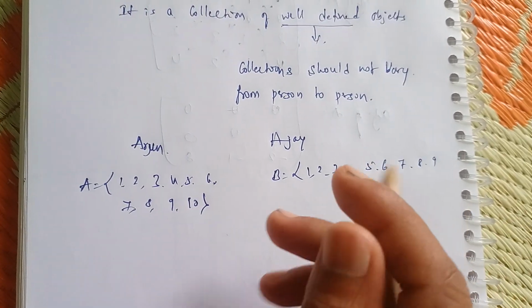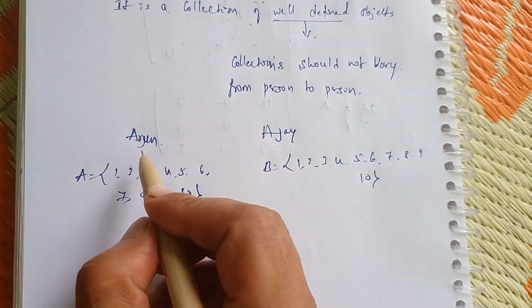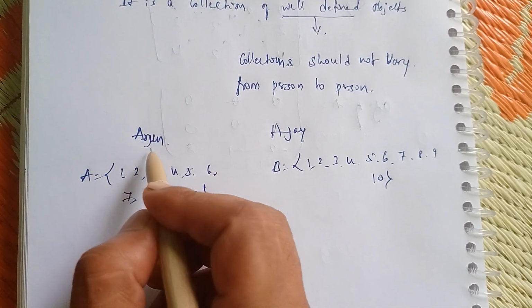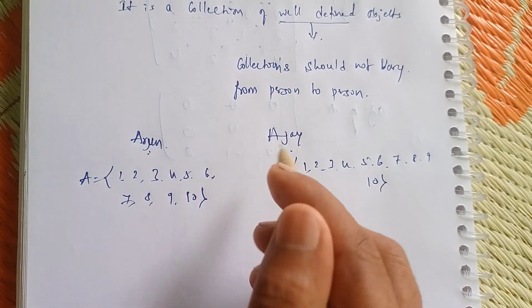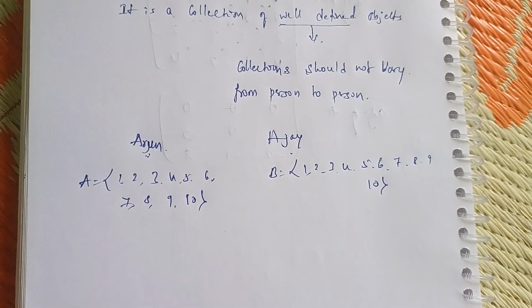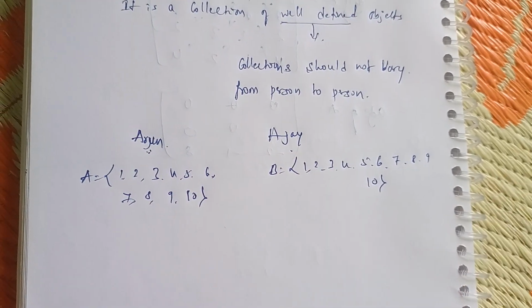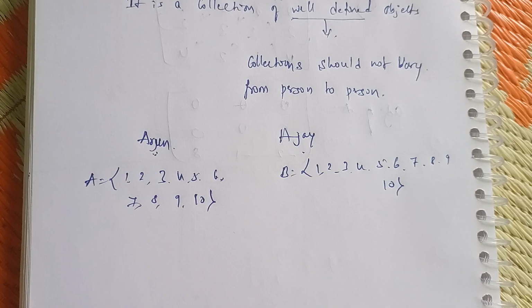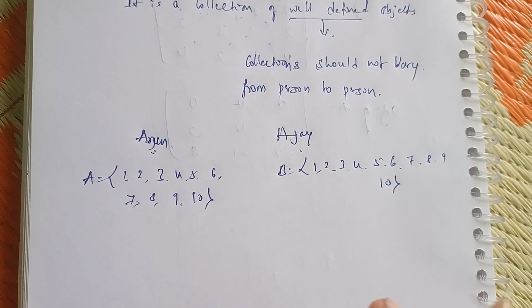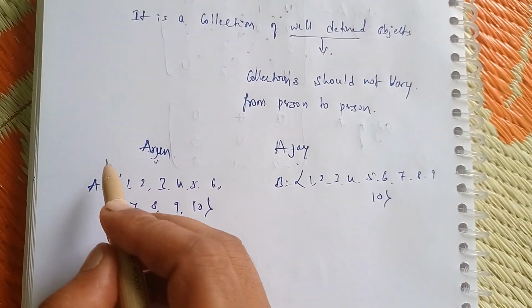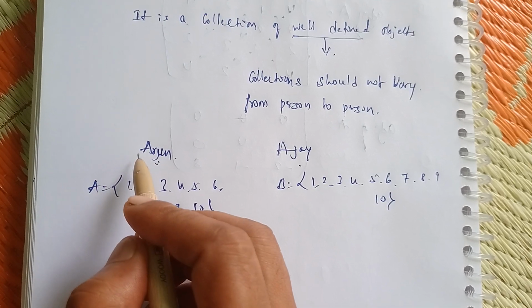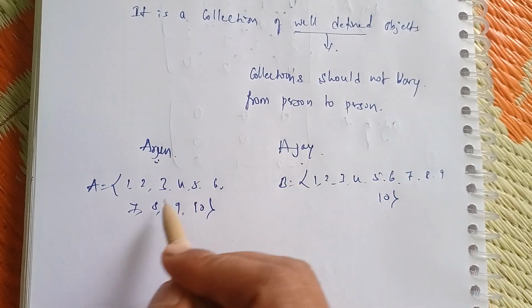They are the same, because the collections from Arun and Ajay are the same objects. Not different. So the collection of objects from person to person is the same.